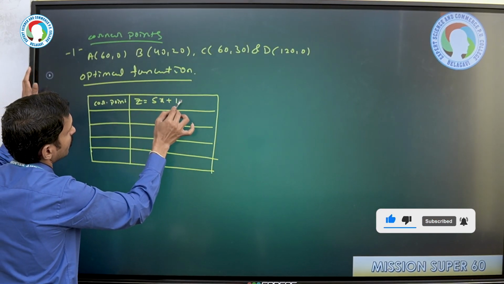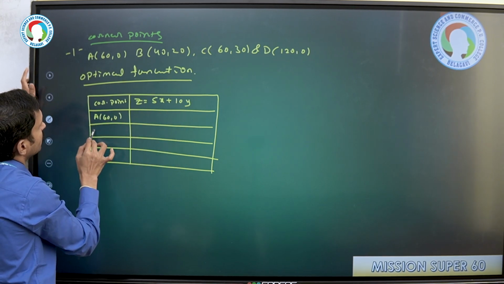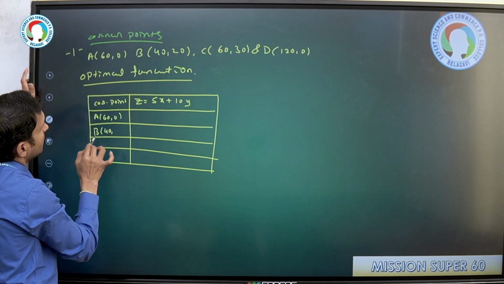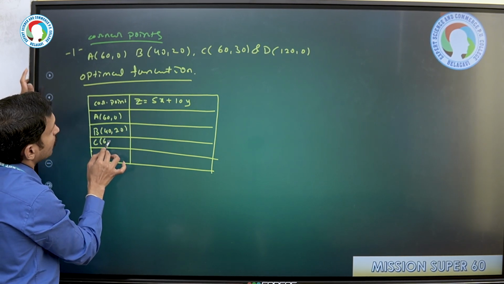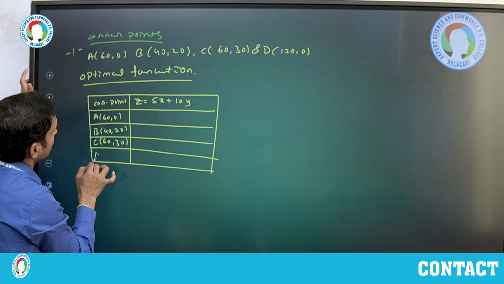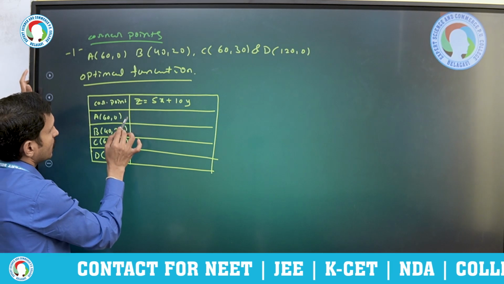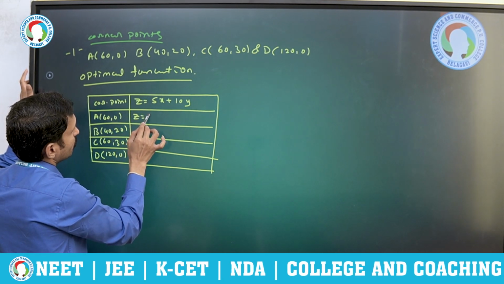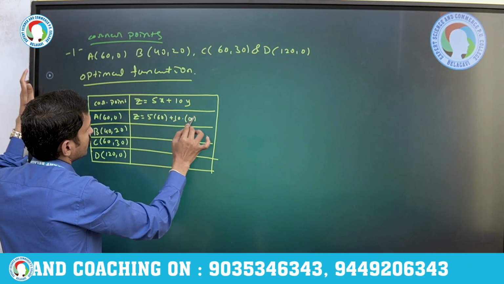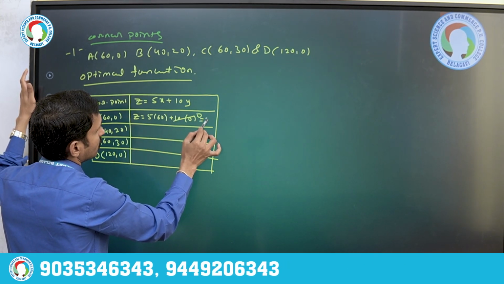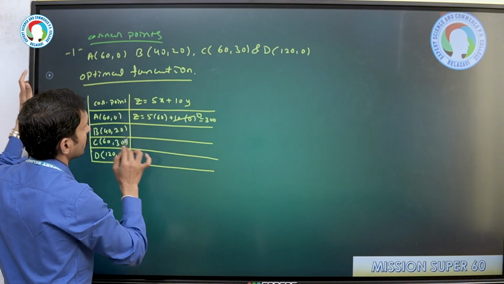A of 60 comma 0, B of 40 comma 20, C of 60 comma 30 and D of 120 comma 0. So here Z is equal to 5 into 60 plus 10 into 0. So this becomes 0. This is 300.